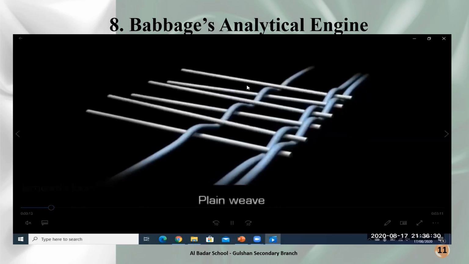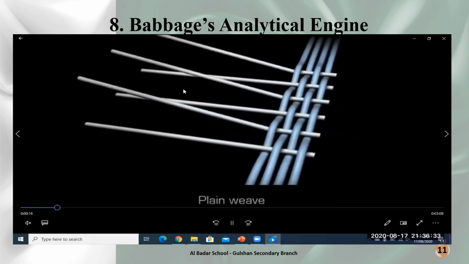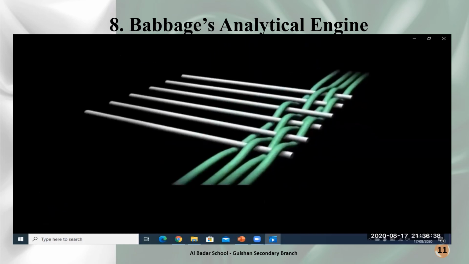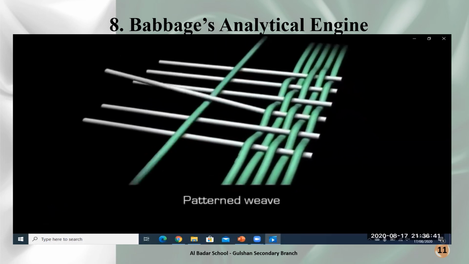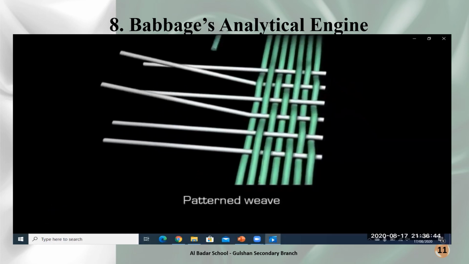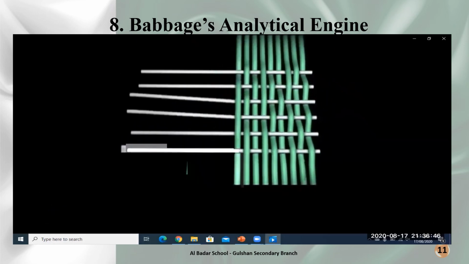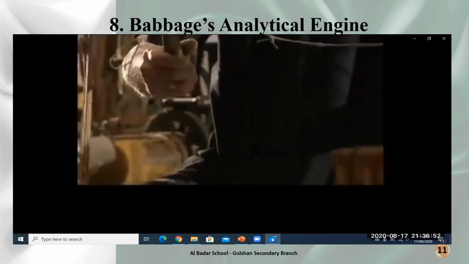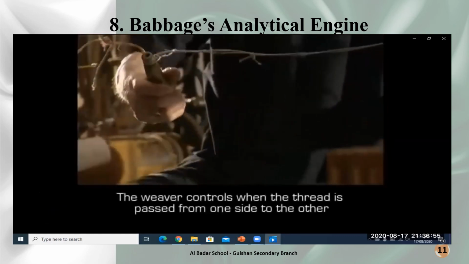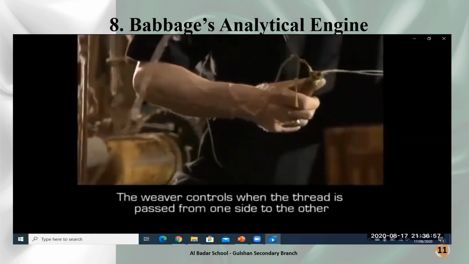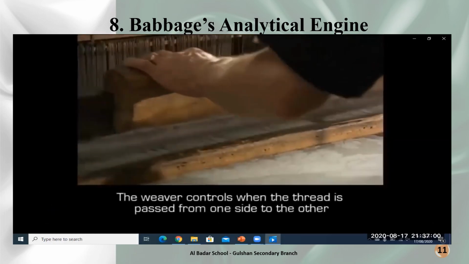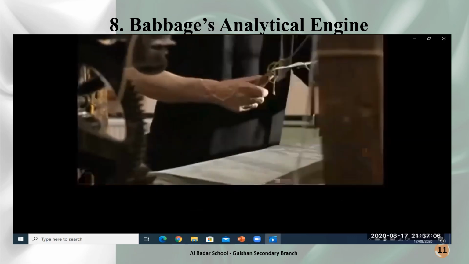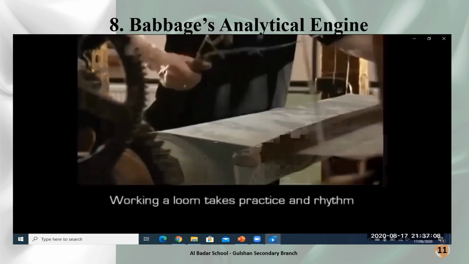These are the patterns, just as an example of how the patterns are woven. This was the method which they used in the analytical engine.